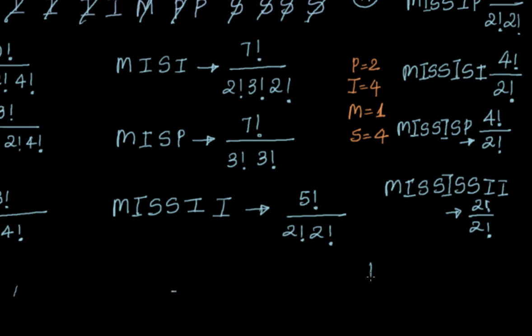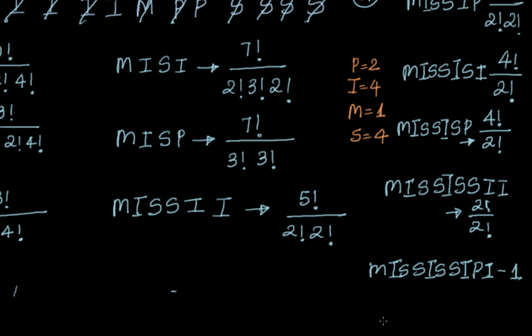That will be nothing but MISSI, P, but the last one is I again, because we will be going to the first position. So in this position, how many we will have? 3, 6, 9, 10. That means only one slot to be filled. That's nothing but equal to 1.